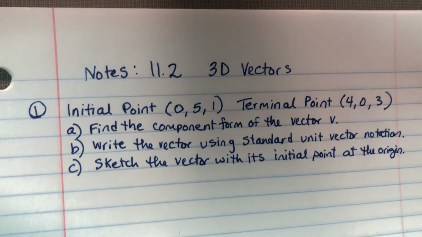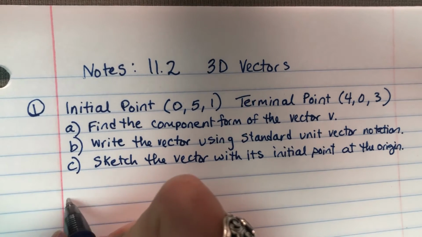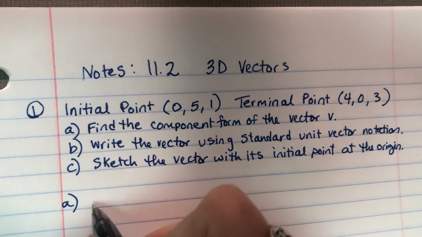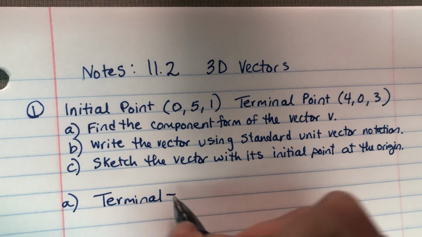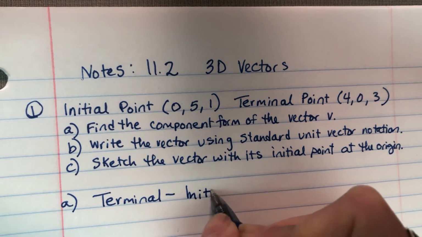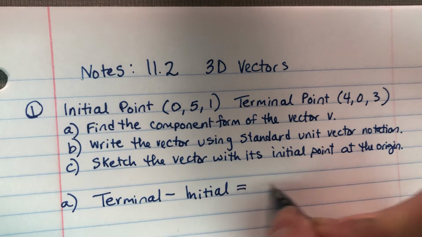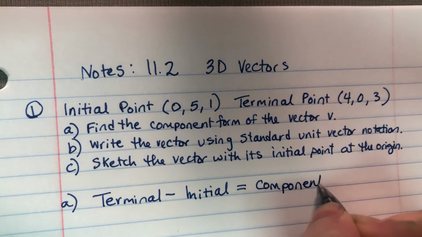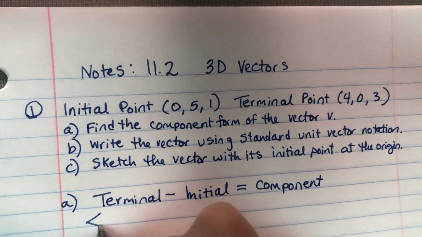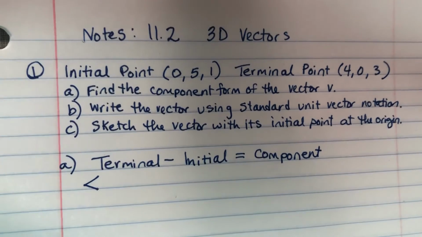So, for part A, we are going to do terminal minus initial to get component form. And we write that inside of the chevron symbols.